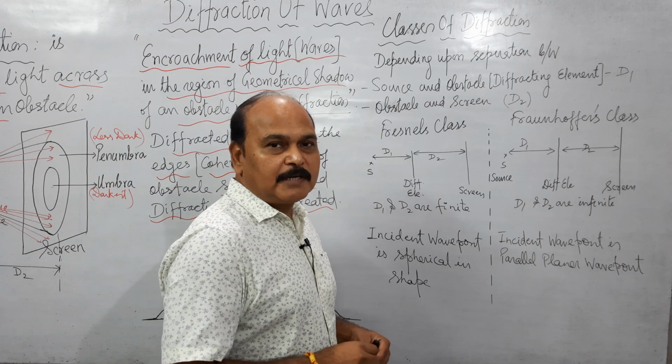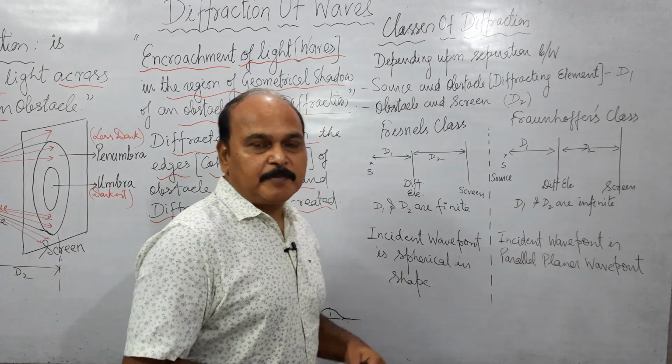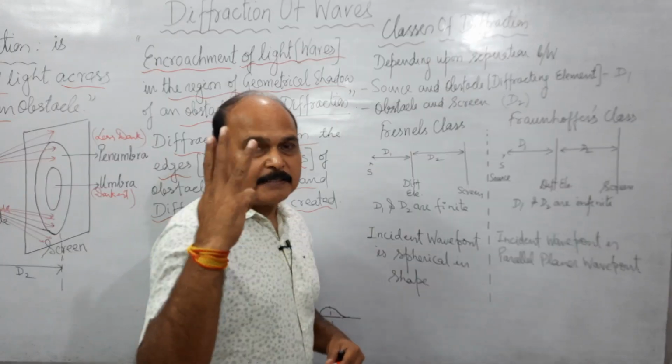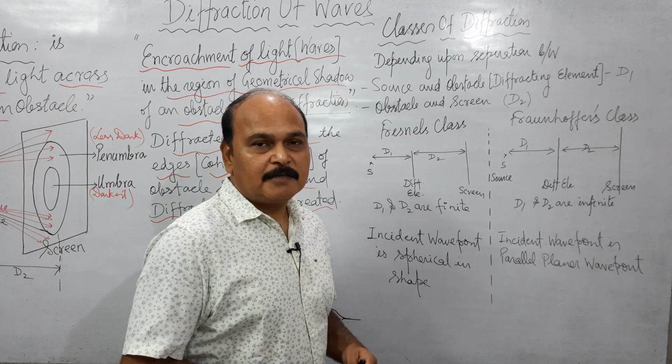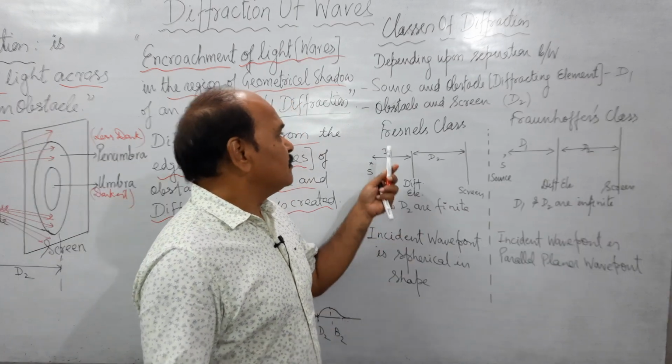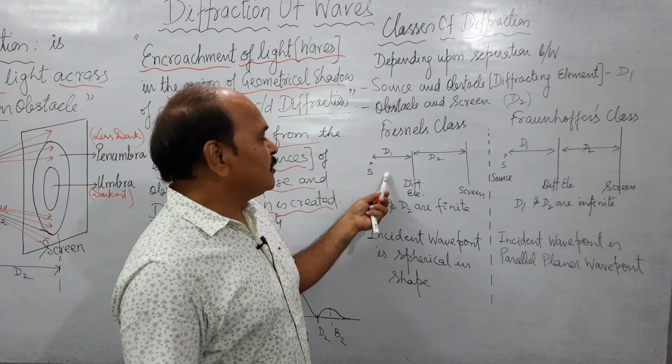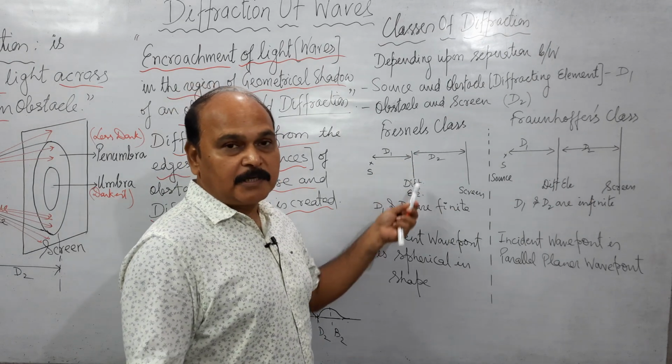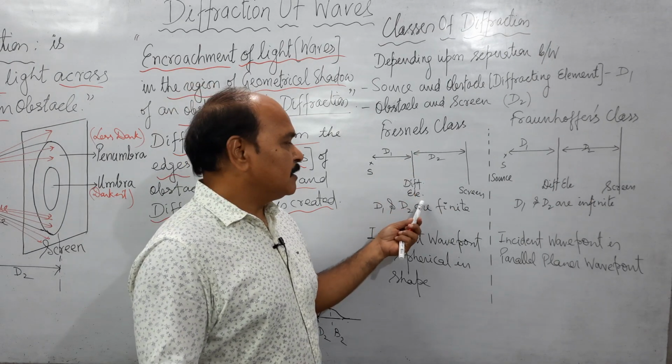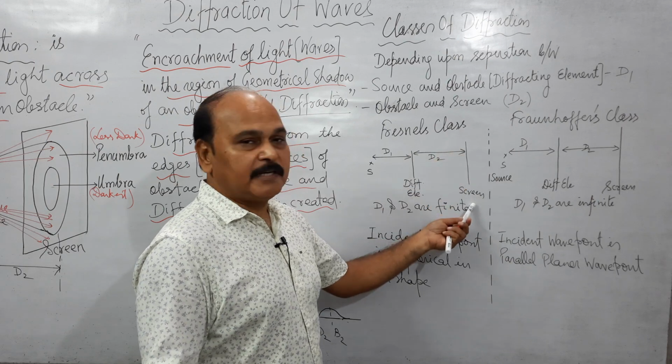Children, we already know that for any diffraction experiment, 3 elements are required. We need source, we need obstacle. Obstacle is called the diffracting element, and then we need screen.